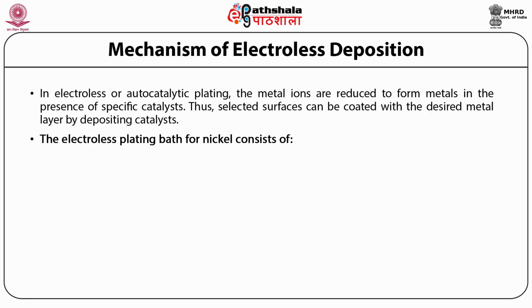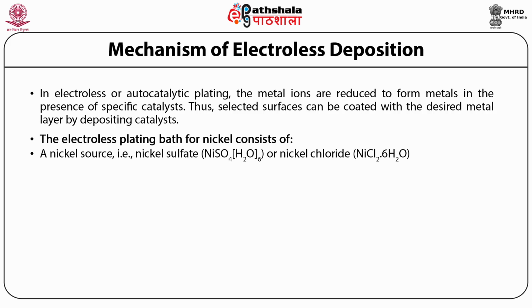The electroless plating bath for nickel consists of firstly a nickel source, that is nickel sulfate, NiSO4.6H2O, or nickel chloride, NiCl2.6H2O. Then a reducing agent is required, such as sodium hypophosphite, that is NaH2PO2.H2O.